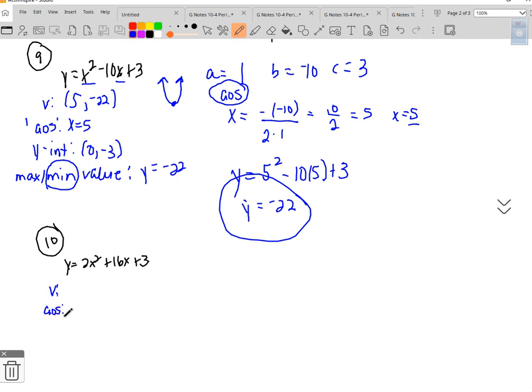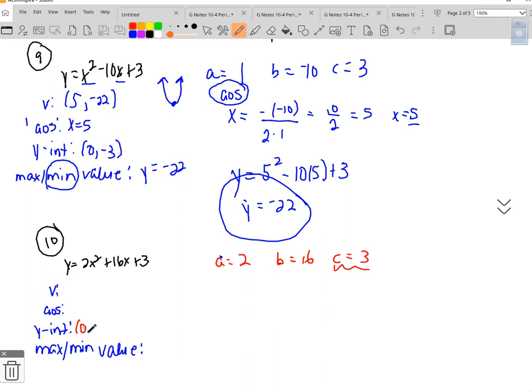We need our axis of symmetry. We need our y-intercept. And we have to tell if we have a maximum or a minimum value and what that value is. So always start with identifying our A, B, and C. So y-intercept, just go ahead and put it in.